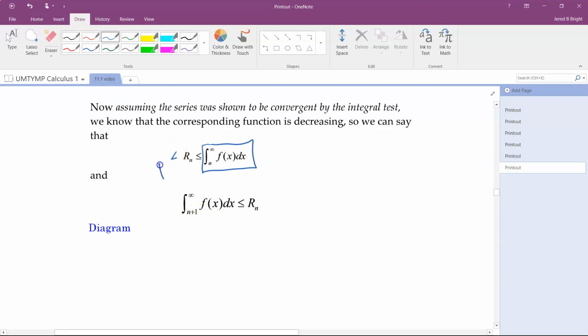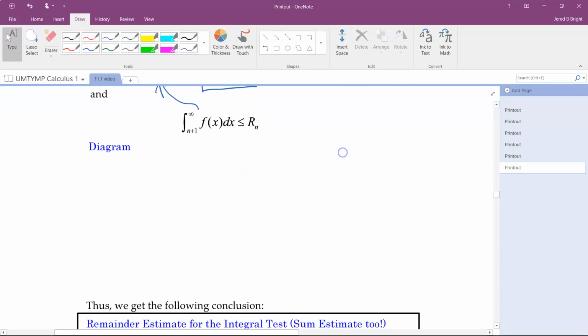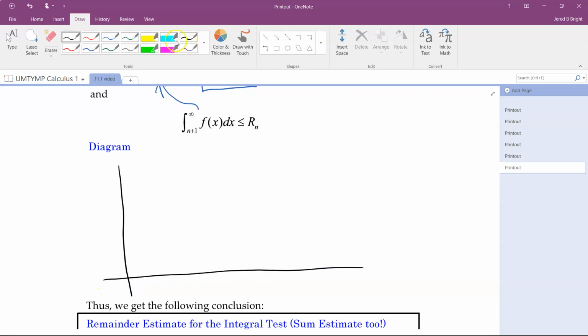So let's see this in a diagram. Let's say we have our function, and we know it's positive, decreasing, and continuous, so this is going to be our function f of x.